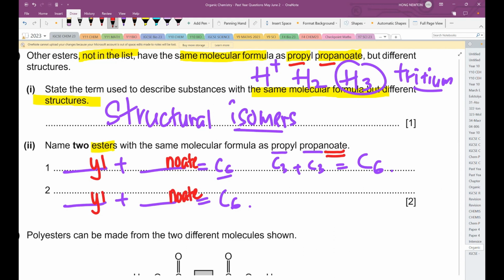OK, can you? What plus what equals 6? So it is 2, right? So then the first one is ethyl. Ethyl is 2, then the second must be 4, which is propyl?